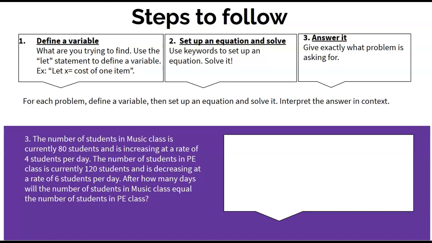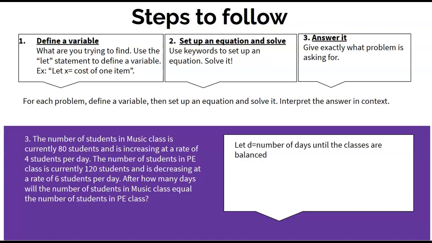So let's take a look what's going on there. And in order to define a variable, you are going to reread the question. After how many days will the number of students in music class equal the number of students in PE class? So how do you think we should define a variable?